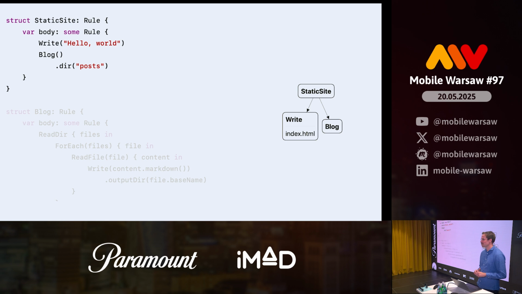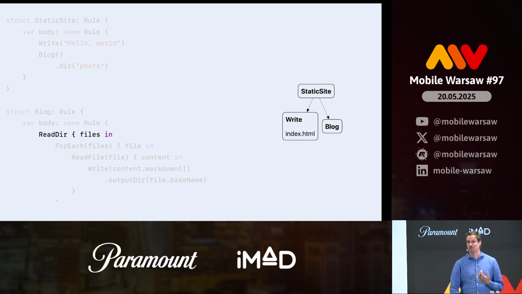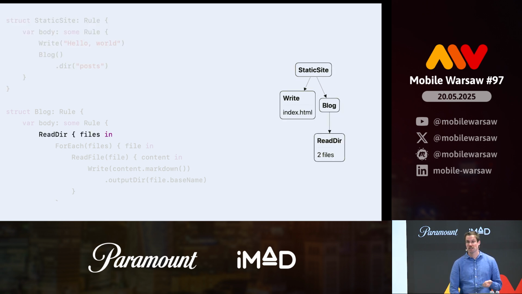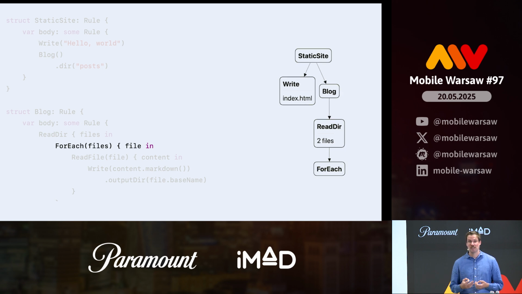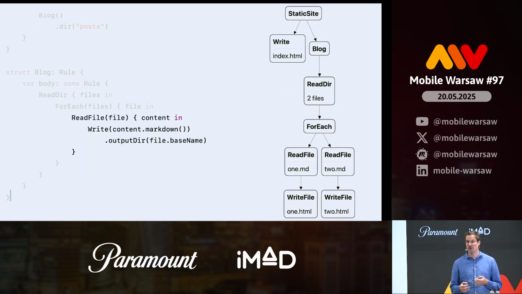Let's see. Yes. So this is the dependency graph that we kind of want to construct. So we have a static site, and it has a write node, and it has a blog node. And if we expand that blog node, in there, there's a read dir with currently 2 files. The child of the read dir is a for each, and the for each actually reads both of these files.